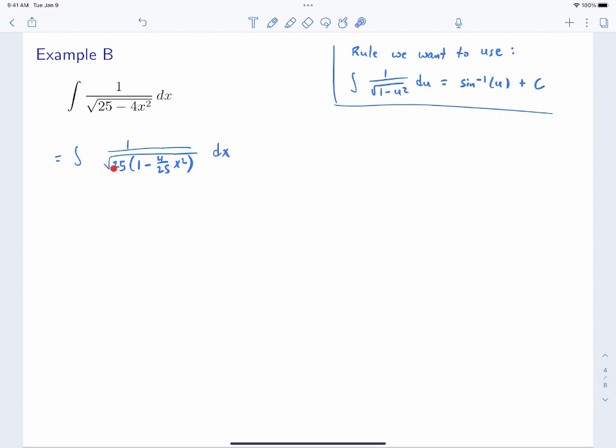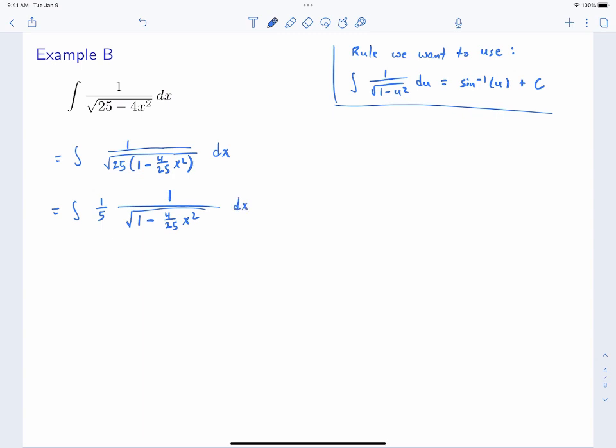Okay? Now this 25 is underneath the radical, and the square root of 25 is 5. So this equals the integral of 1 over 5, like so. And now we're going to have a fraction with 1 in the numerator, and the bottom is going to have a square root, and the thing underneath the radical is 1 minus 4 over 25 x squared dx.